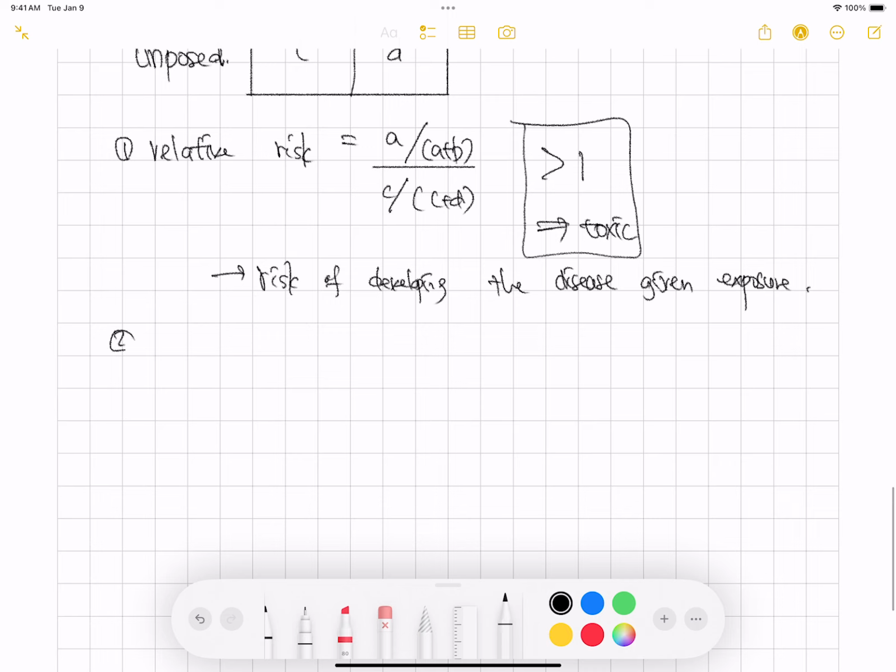The second parameter we can calculate from this analysis is the odds ratio.